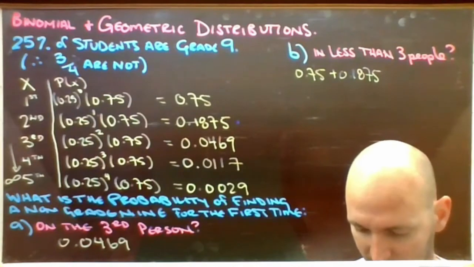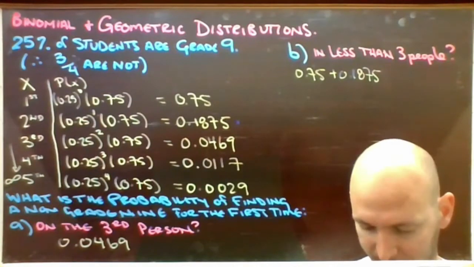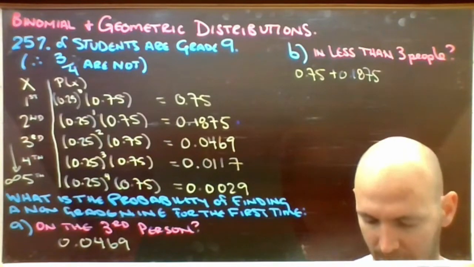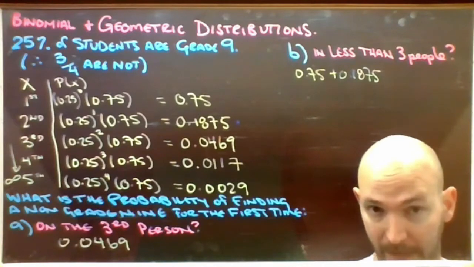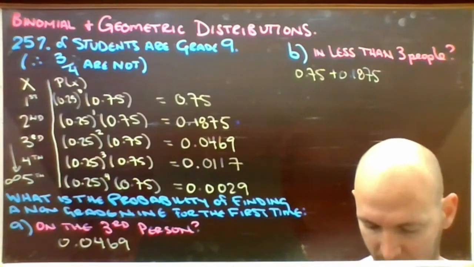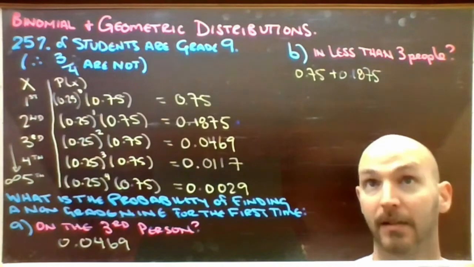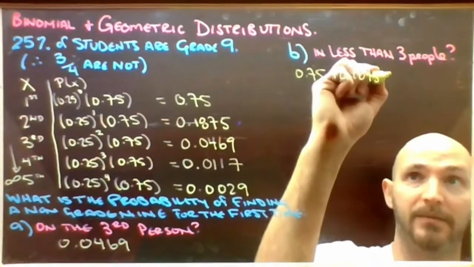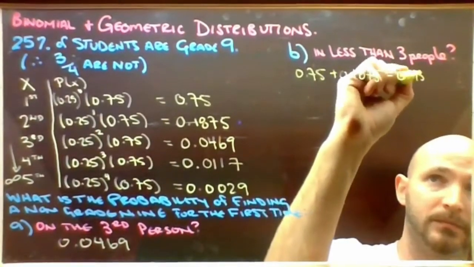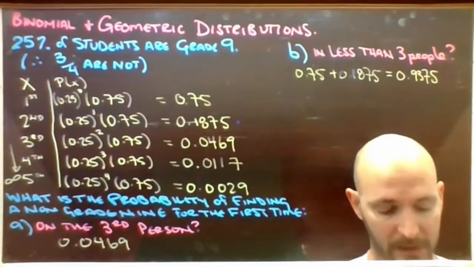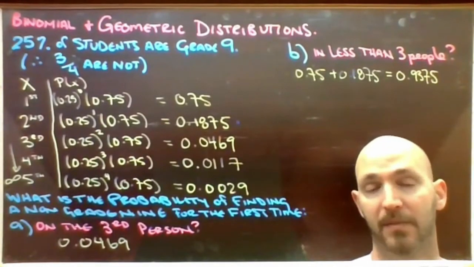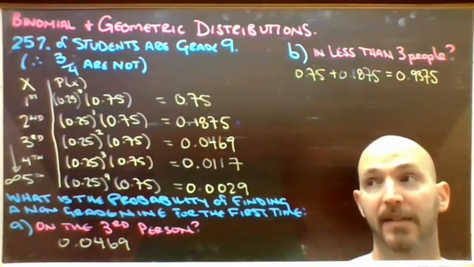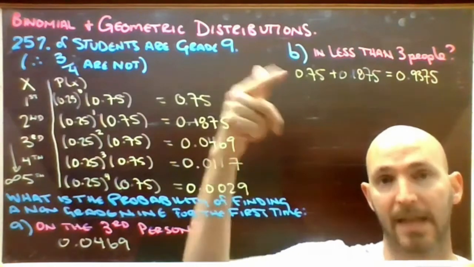And if I add those together, it's not times, it's plus, 0.75 plus 0.1875 is 0.9375. So if you walk into the cafeteria and you start asking people at random to find someone who is not in grade 9, you have a 93.75% chance of finding someone who is not a grade 9 in less than 3 people.